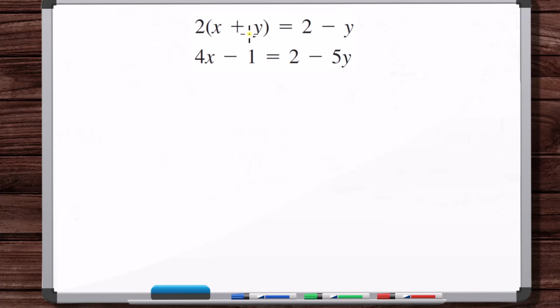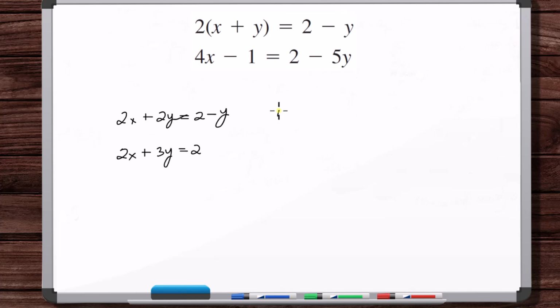So if we distribute the 2 here for the first equation, you have 2x plus 2y is equal to 2 minus y. Now, if we add y to both sides, 2x plus 3y is equal to 2. Okay? Now, let's do the same thing for the second equation.